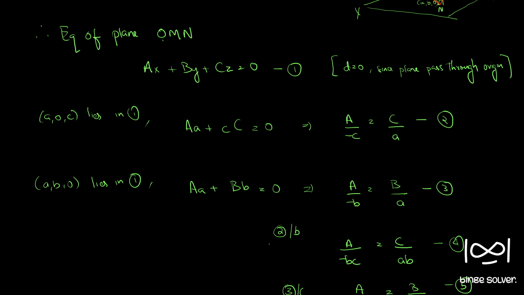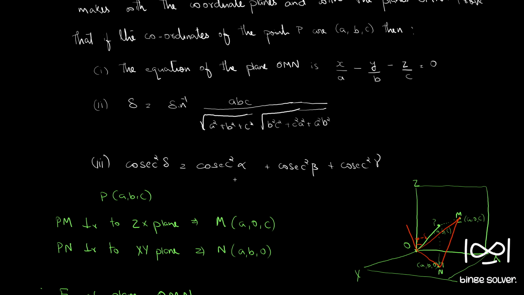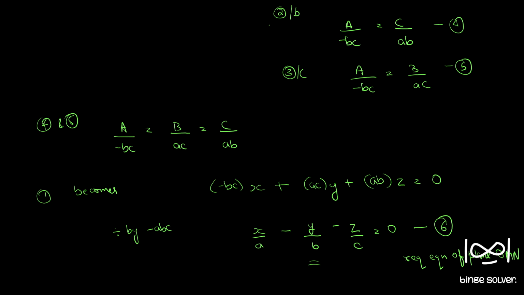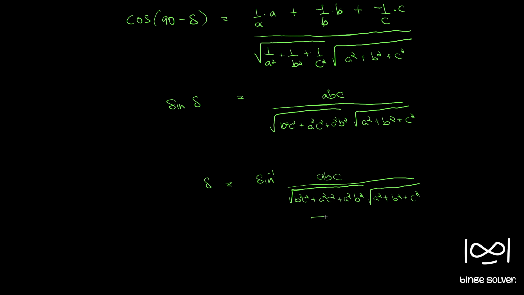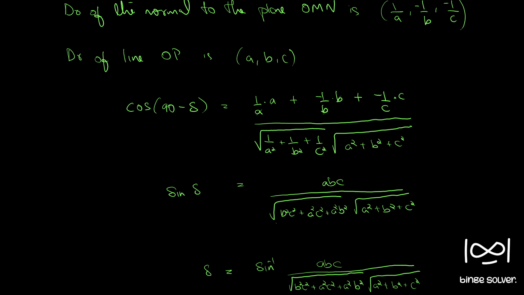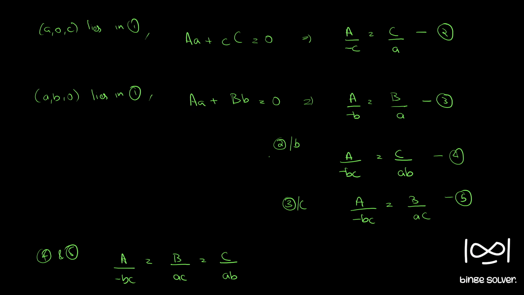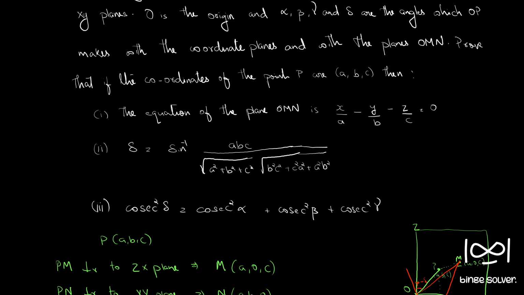Just check. This is what we needed to prove for the second part. So that is also proved, and the second part is over. Now the third part, let me just go through it. The third part is the connection between delta and alpha, beta and gamma.